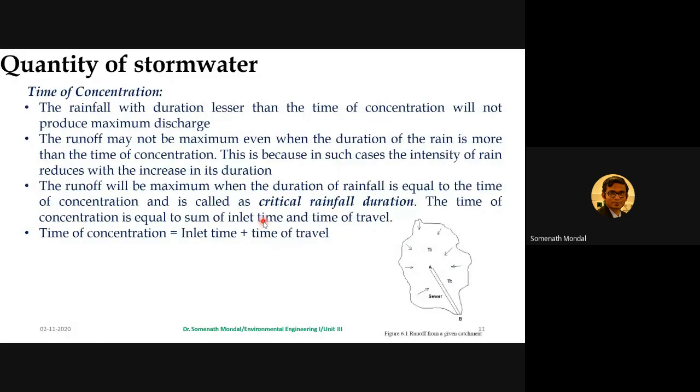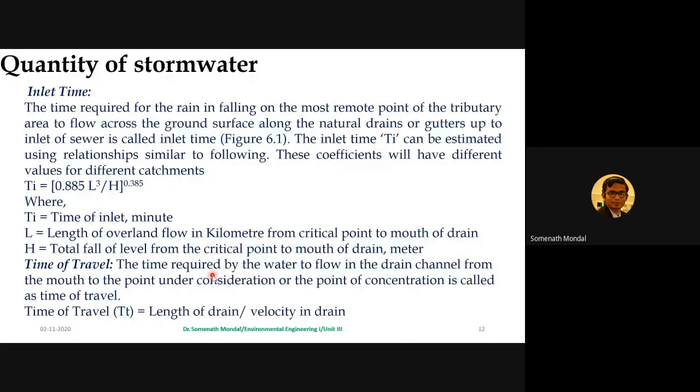If B is the exit point, the time taken for the water to come from A to B is the time of travel. The time of concentration is the summation of inlet time Ti plus Tt. We calculate Ti and Tt separately, and finally we get the value of time of concentration.